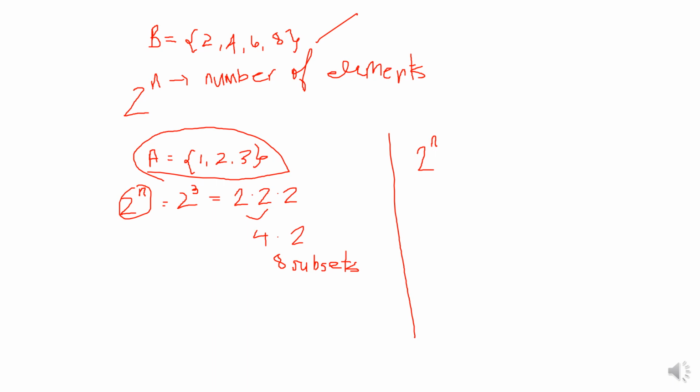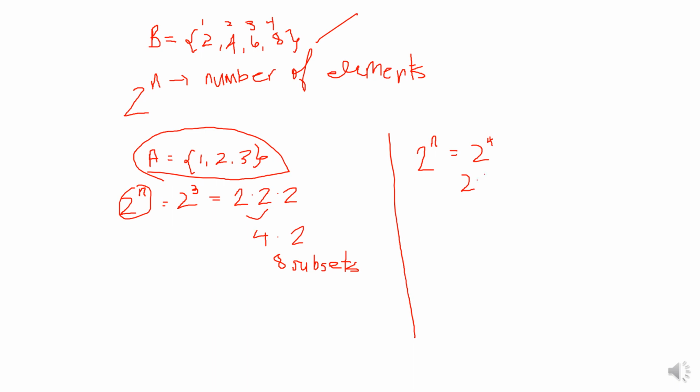So you are just going to count the number of elements. So we have 1, 2, 3, and 4. So we have 4 elements. So this means 2 raised to 4. So you are going to multiply 2 four times to itself.